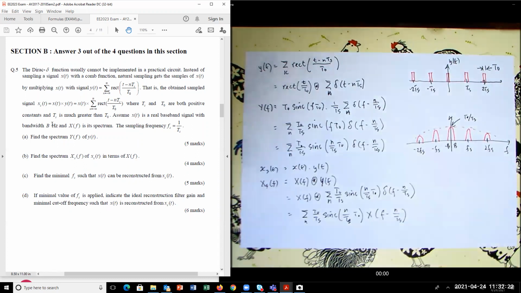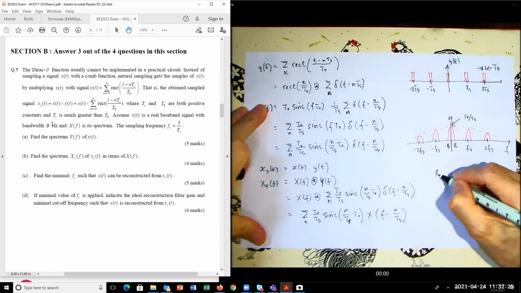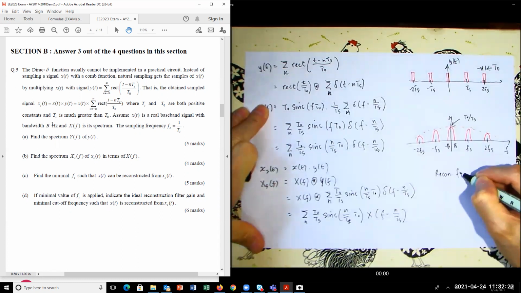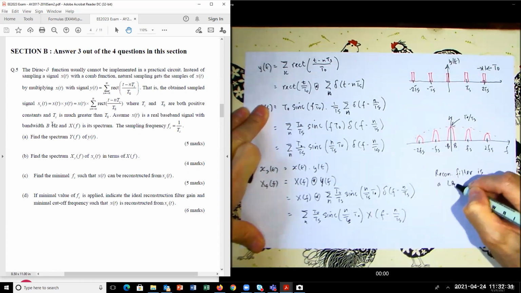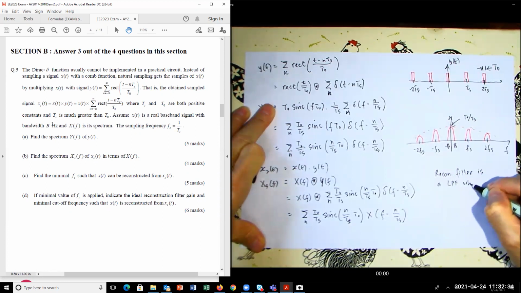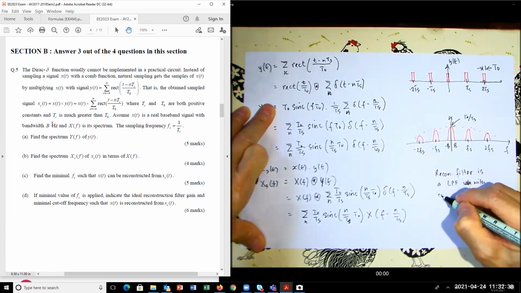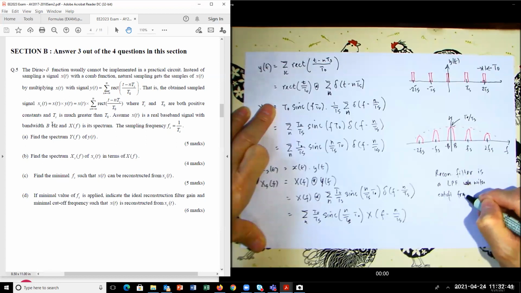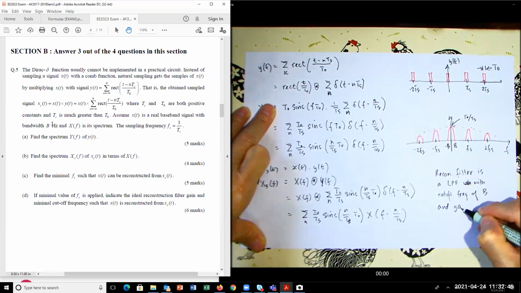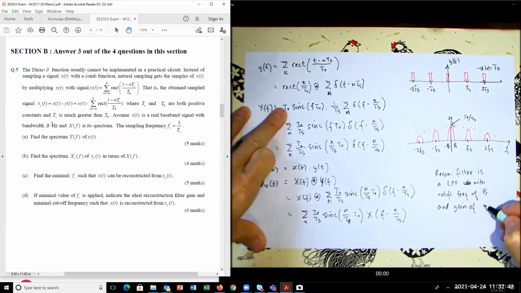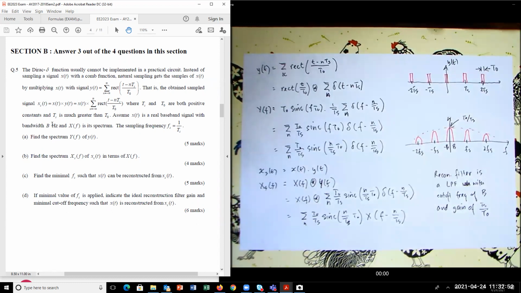So the reconstruction filter is a low pass filter with cutoff frequency of B and gain of Ts over T naught. Ts over T naught times T naught over Ts will bring it back to 1. So that's part B.